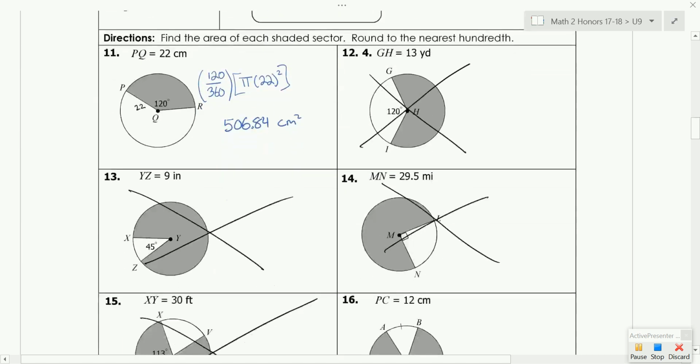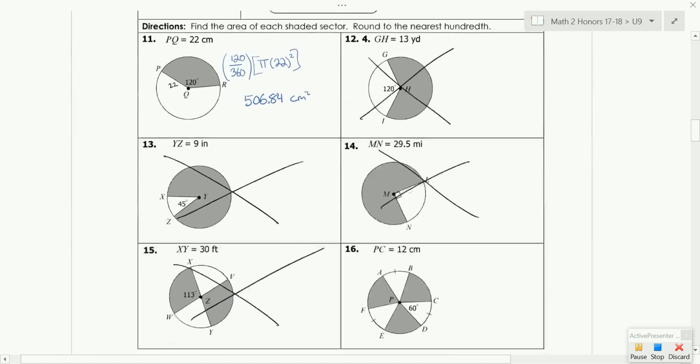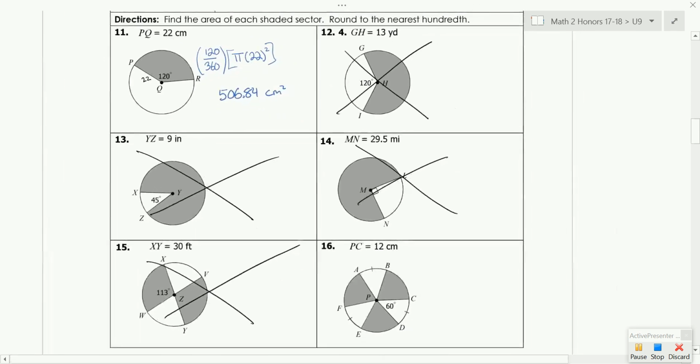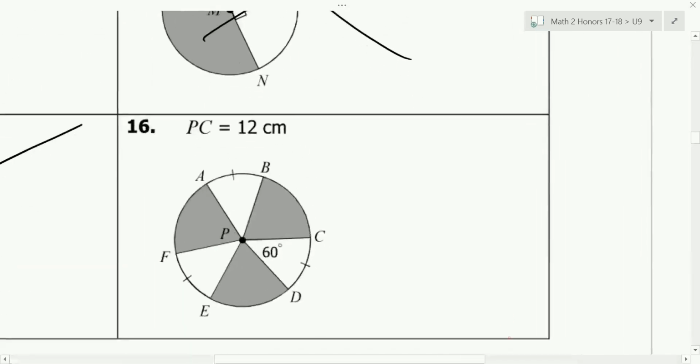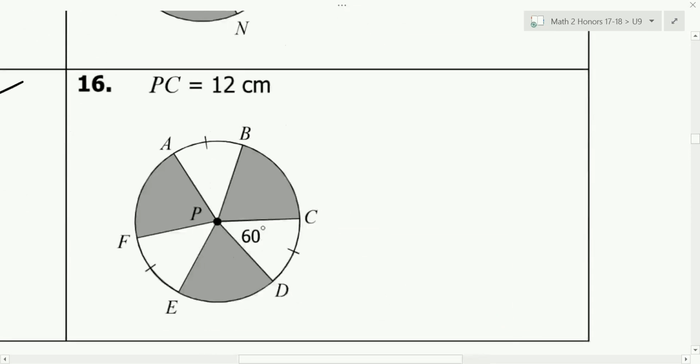So I want you to try the same thing on number 16. Madison, share with us what you did on 16. Okay, so how do you know that all those are 60?